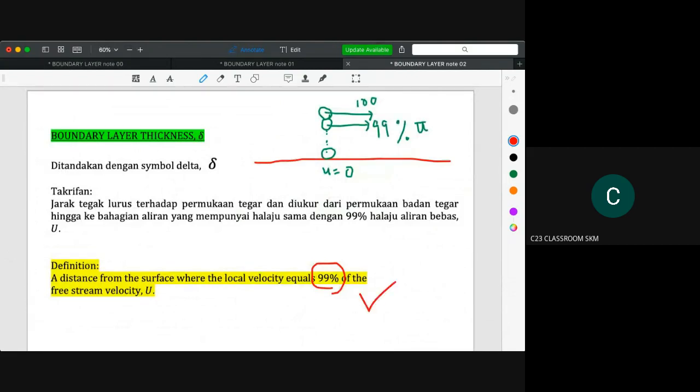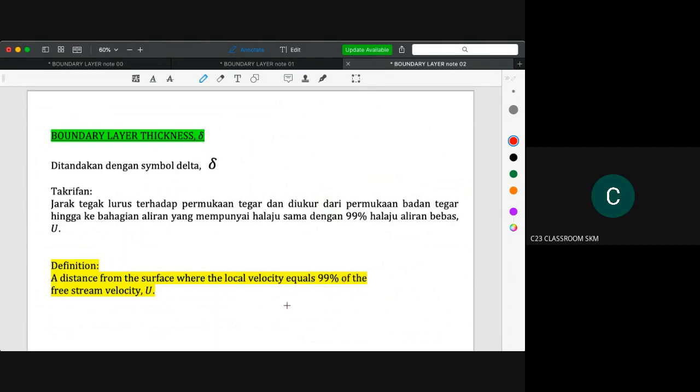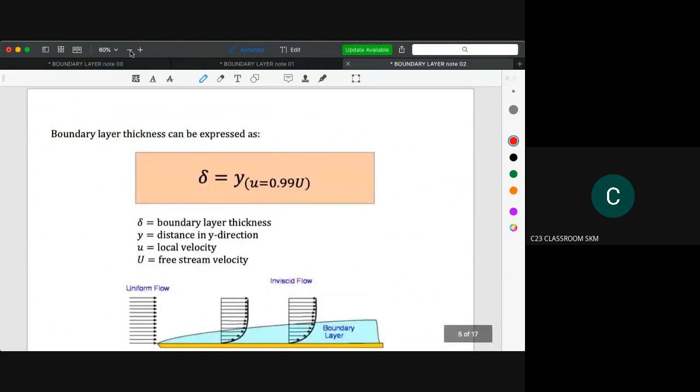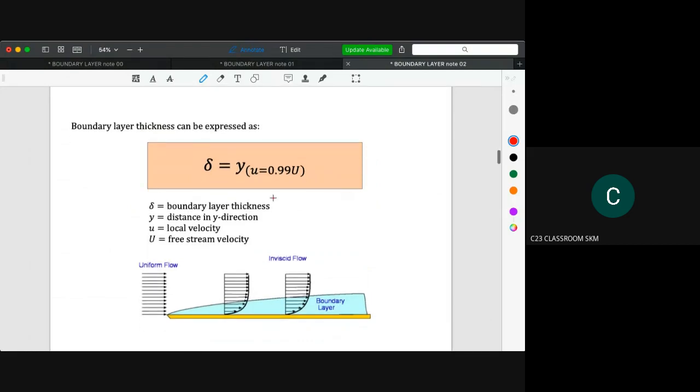And then we need to write this definition as a mathematical equation. The mathematical equation can be written like this. We could write that the boundary layer thickness can be expressed as delta equals y, where u equals 0.99 capital U.